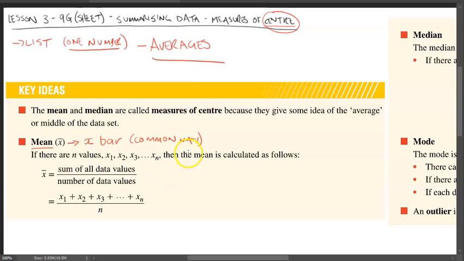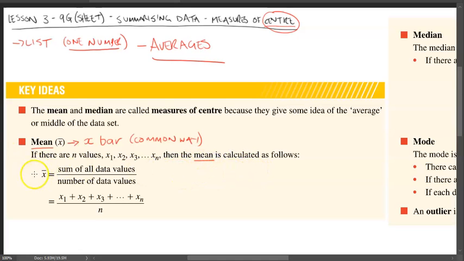If there are n values, so if there's a certain amount of numbers, maybe 10, maybe 12, maybe 15, depending on how many people were asked a question or how many data points were given. If there are n values, x1, x2, x3, and all the way to xn, so if n is 15 it'll be x of 15, if n is 9 it'll be x of 9, then the mean is calculated as follows.